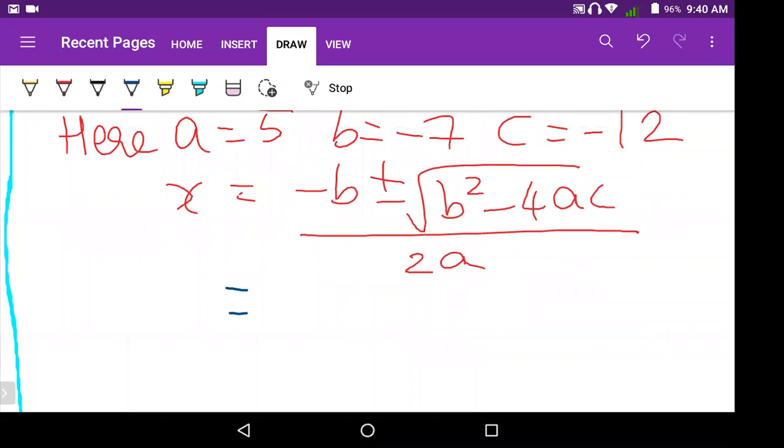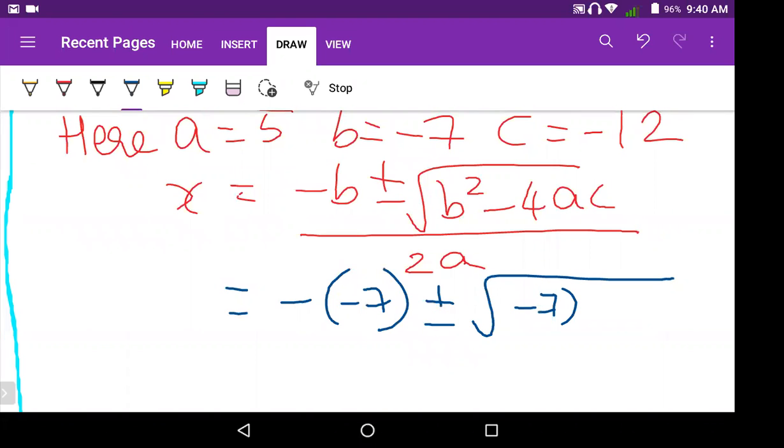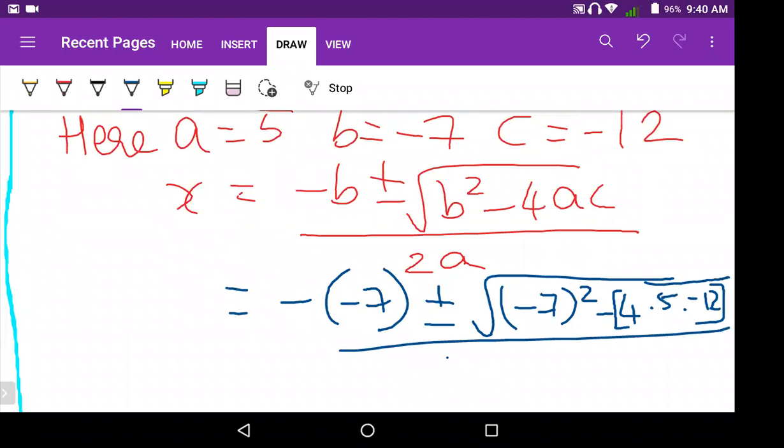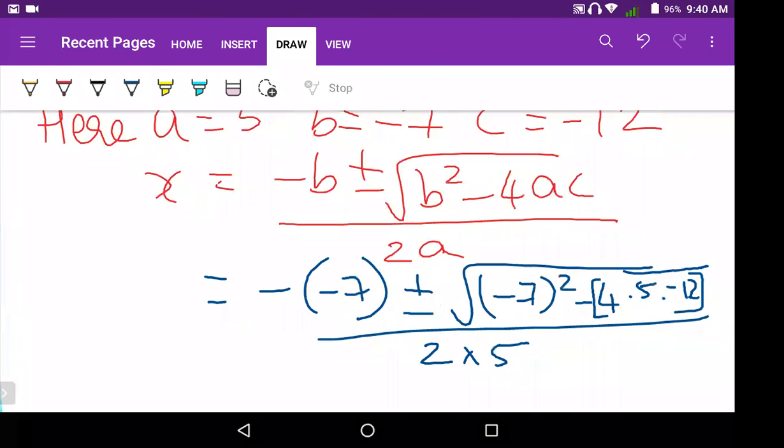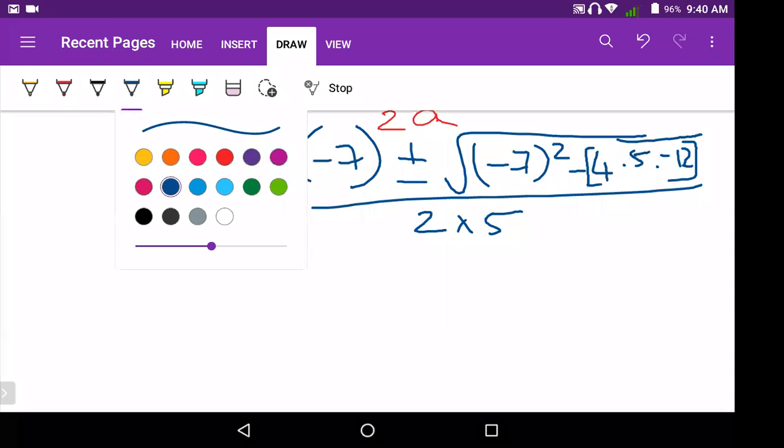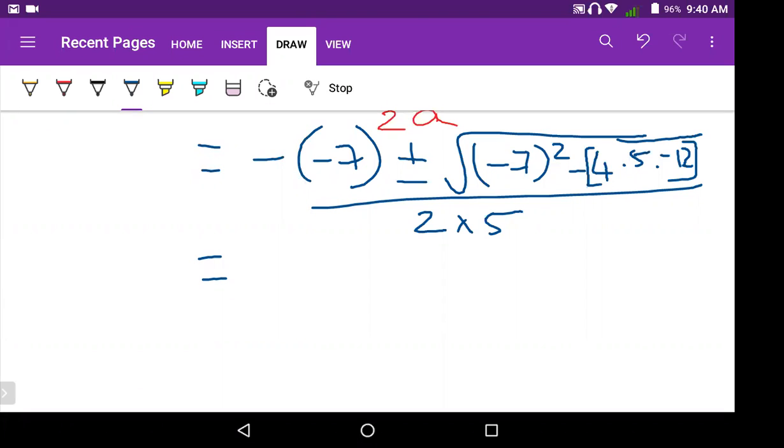So minus b is minus of minus 7, plus or minus square root of b square, minus 7 square, minus 4 into 5 into minus 12, whole divided by 2 into 5. Okay, this is the next step.